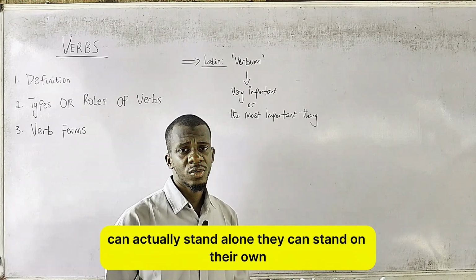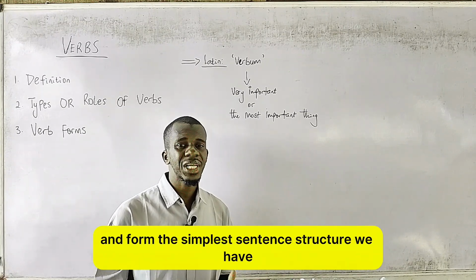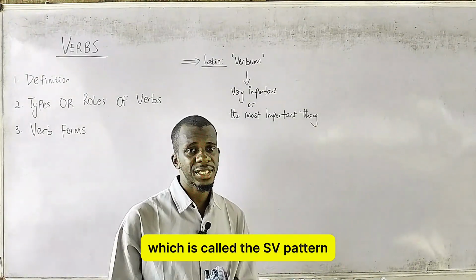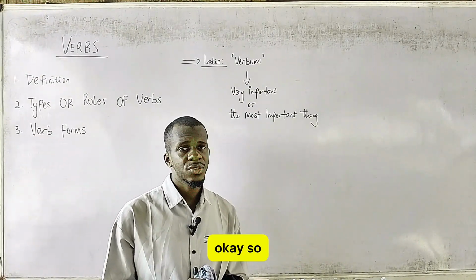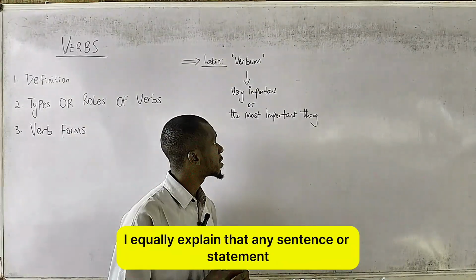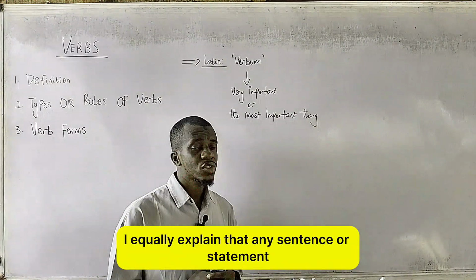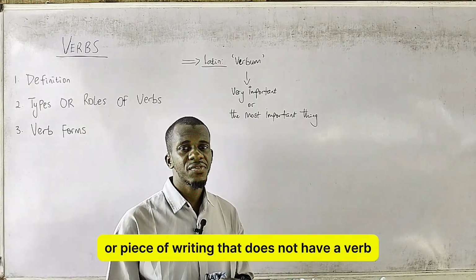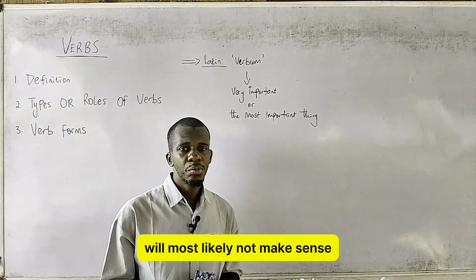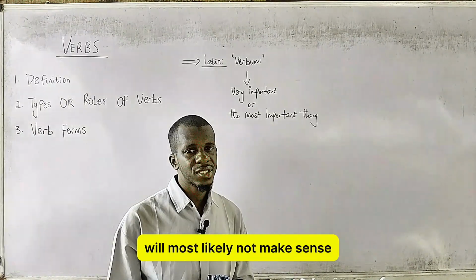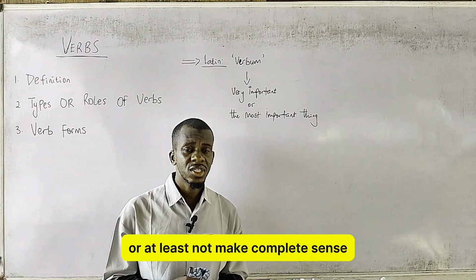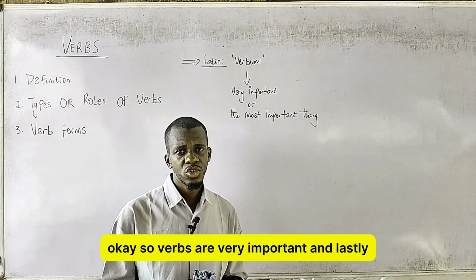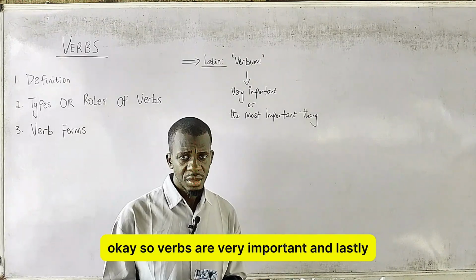They can stand on their own and form the simplest sentence structure we have, which is called the SV pattern. I equally explained that any sentence or piece of writing that does not have a verb will most likely not make sense, or at least not make complete sense. So verbs are very important.